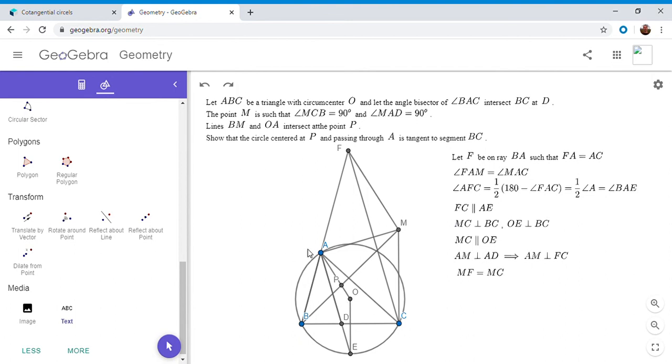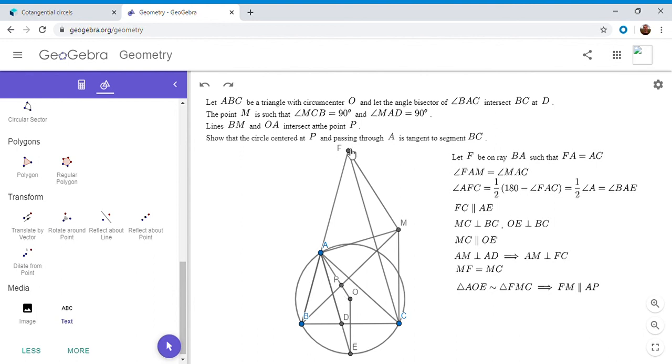And also AO is equal to OE because all radii are equal. And so those two triangles have to be similar. Yeah, so like I said, triangle AOE is similar to triangle FMC. And if you have two similar triangles and two sets of sides are parallel, so MC and OE are parallel, and FC and AE are parallel, then the third set also has to be parallel.